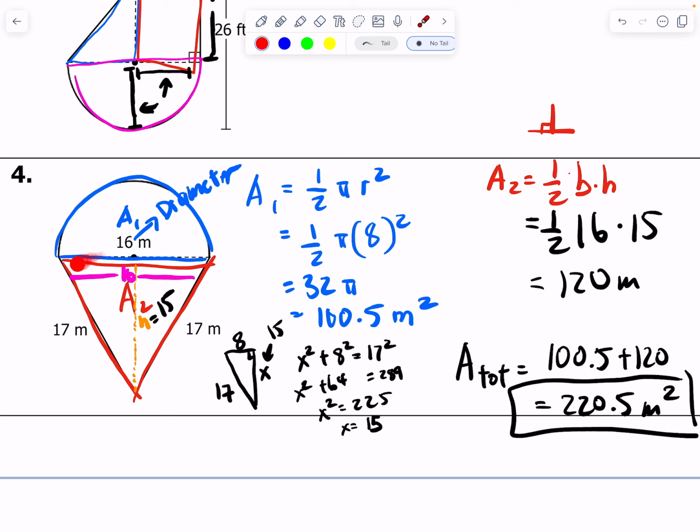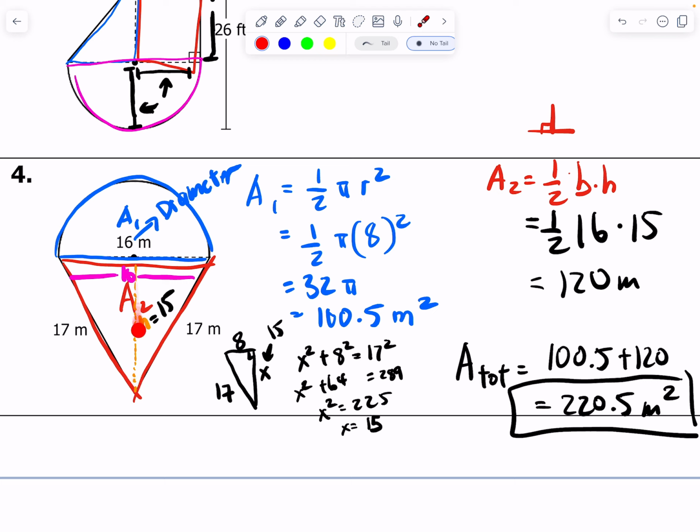For this triangle that we have in red, 1/2 base times height, but I have base, which was 16. I don't have height. 17 is not a height because it needs to make a perpendicular cross for it to be base and height. That means I drew this height in, and I turned this into a right triangle.